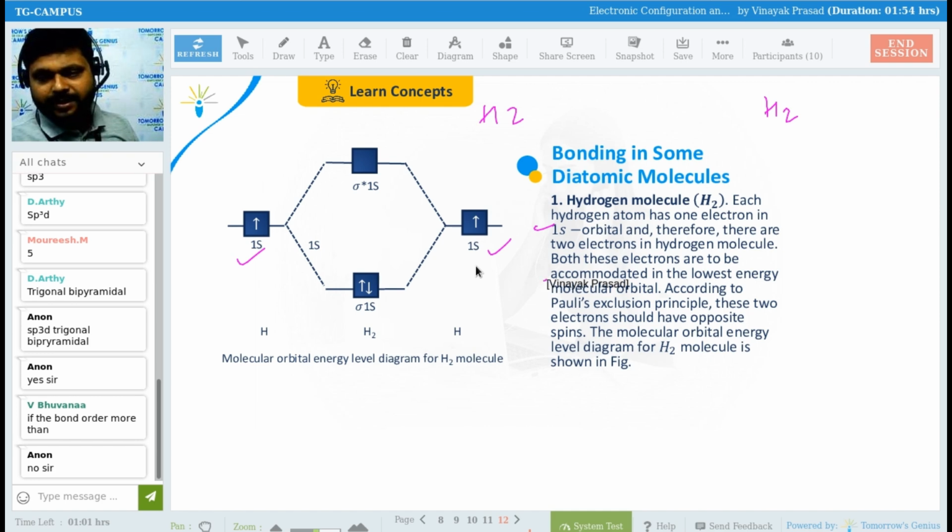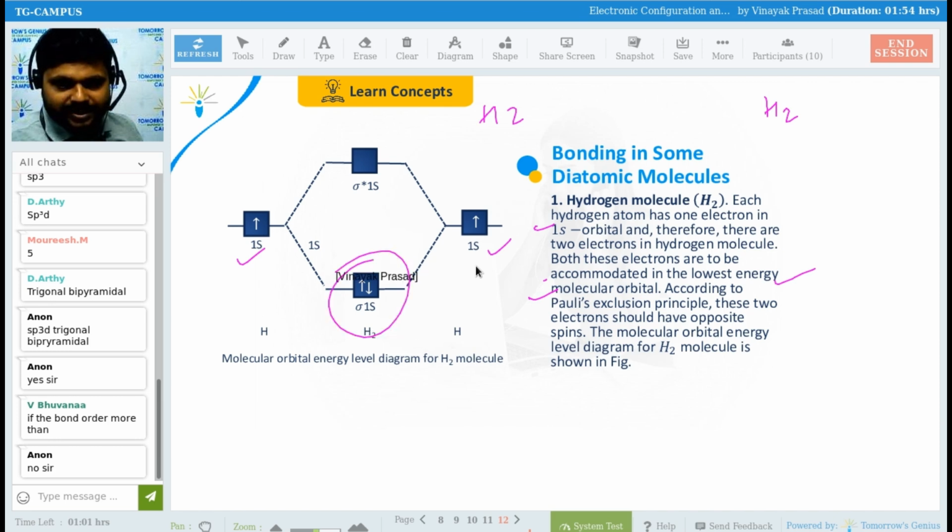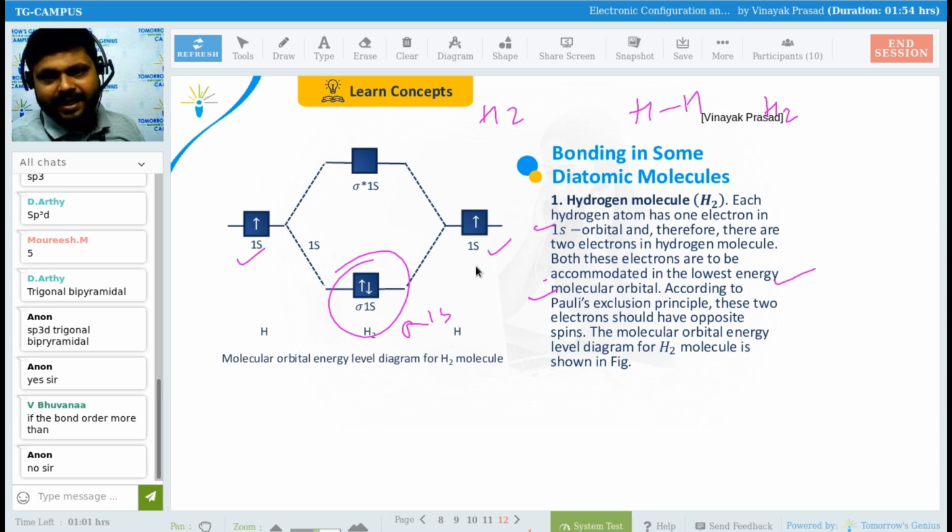Both these electrons are to be accommodated in the lowest energy molecular orbital, that is sigma 1s. So there will be a formation of a sigma bond, a single bond. According to Pauli's exclusion principle, these 2 electrons should have opposite spin.